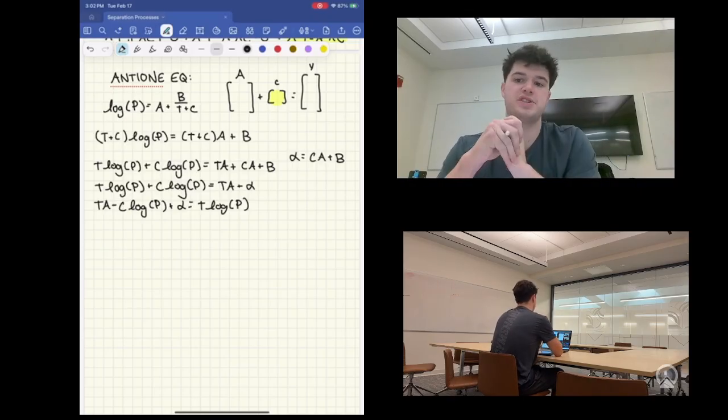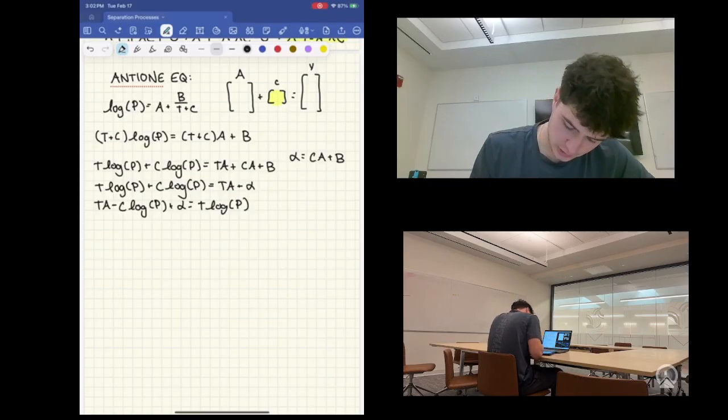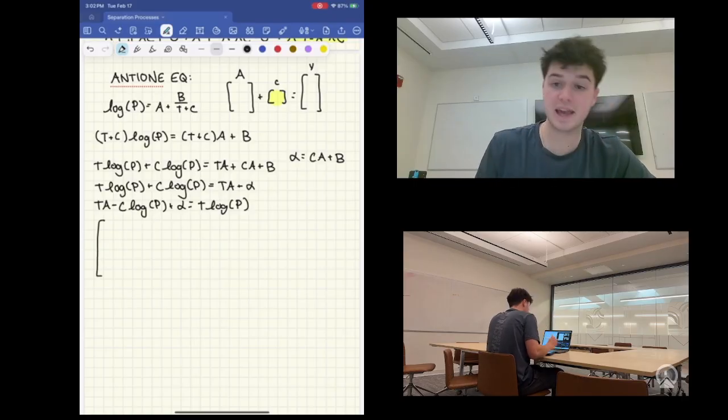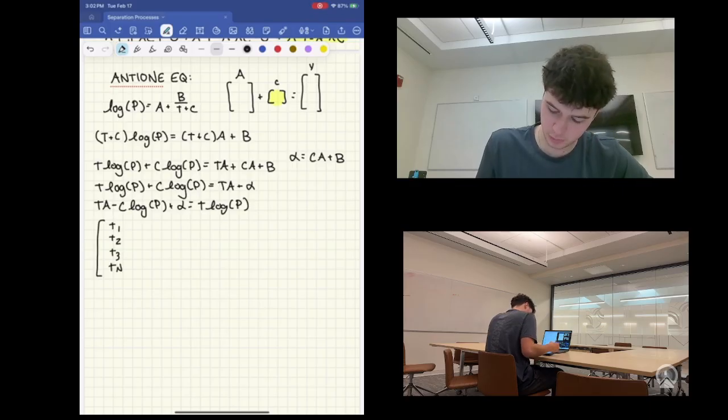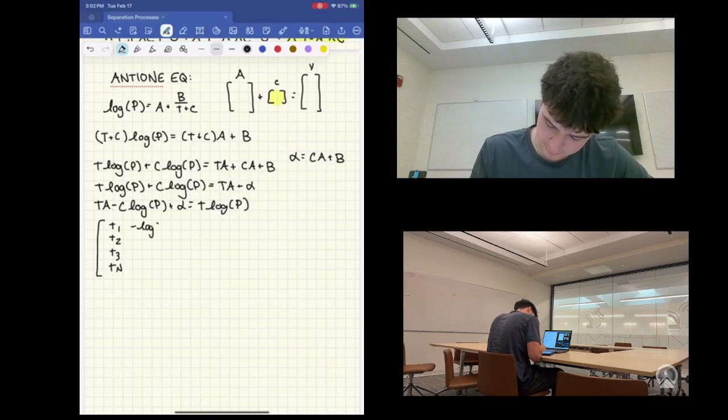So let's take this equation and create a matrix for it. We will start here, and our first thing we're going to work with is temperatures. So let's label T1, T2, T3 down to Tn. And then the next thing will be its next dependent, which would be the negative log of P all the way down to the log of P, and we will put 1s next to all of this.